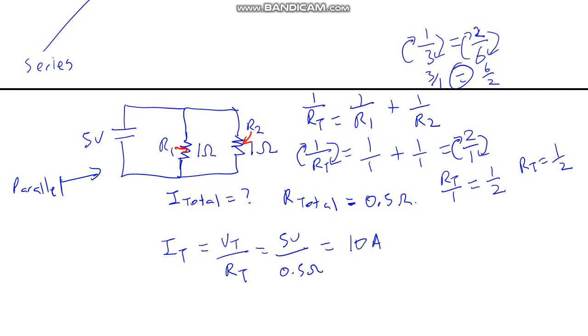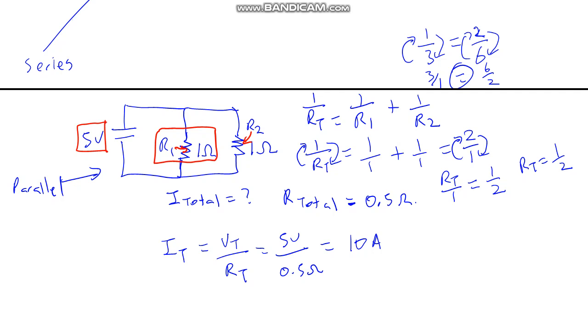One way to do it is, the total current is 10 amps, and since the resistances are equal, you could just do 10 amps divided by 2. But sometimes the resistances are different between R1 and R2. So what you can do is use the law of voltage in a parallel circuit. Voltage doesn't really change in parallel.